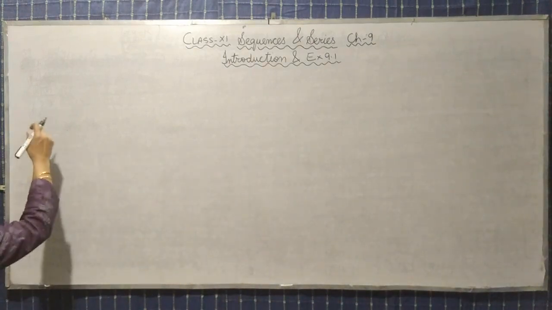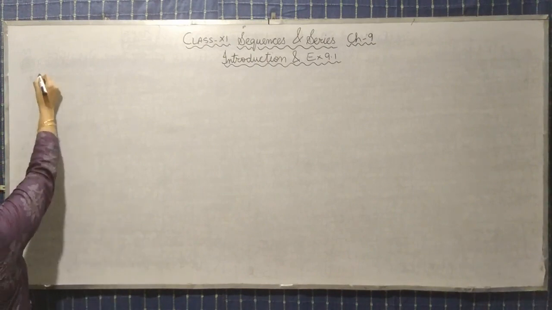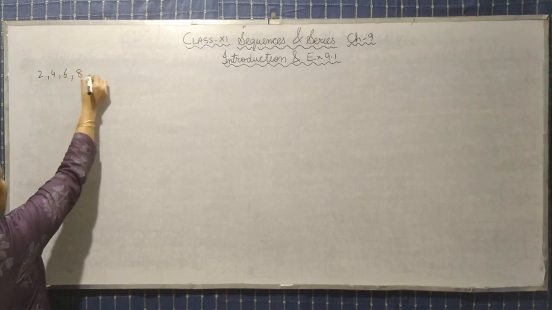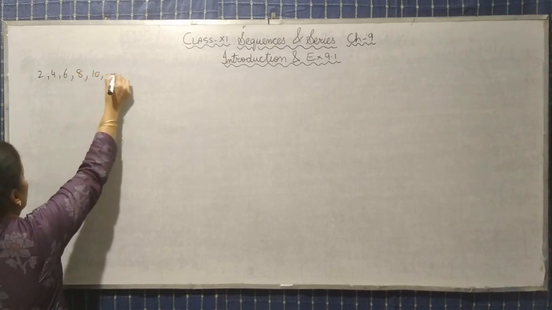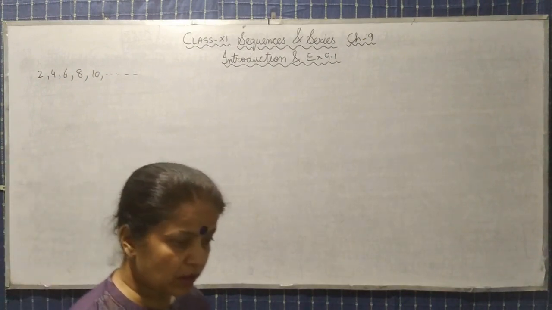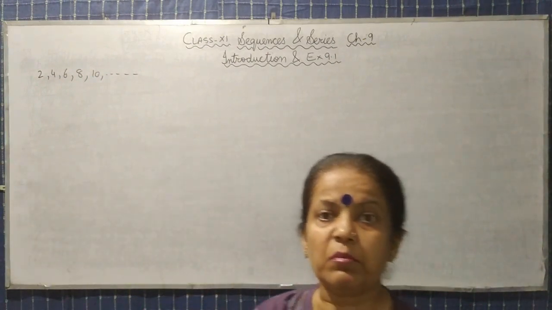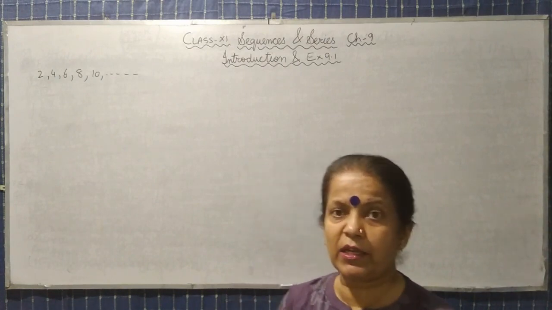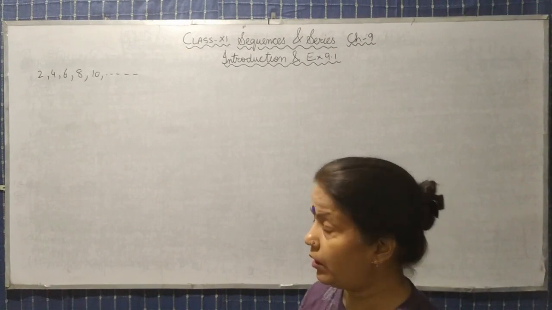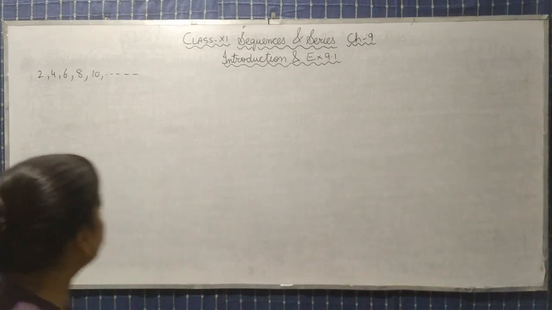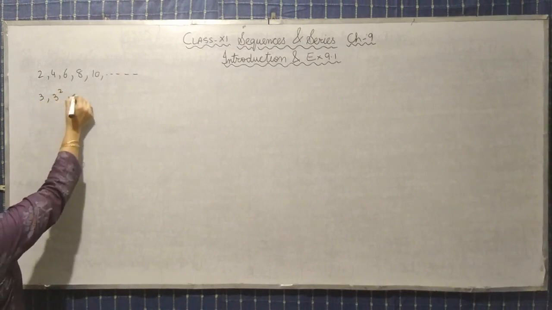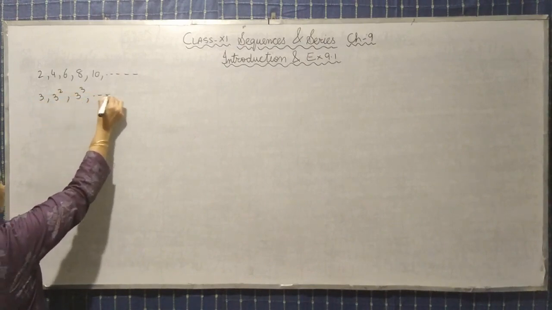I am writing one term over here like 2, 4, 6, 8, 10 and so on. If you observe this, there is some similarity in all the terms, isn't it? I am writing one more: 3, 3 square, 3 power 3 and so on.